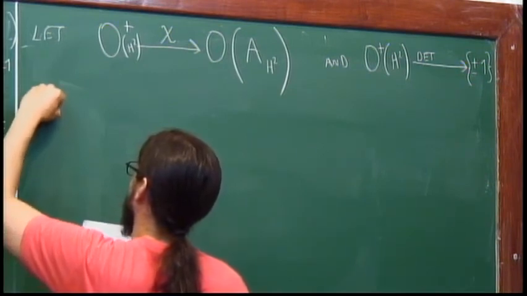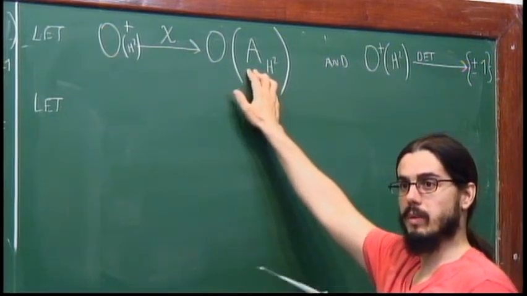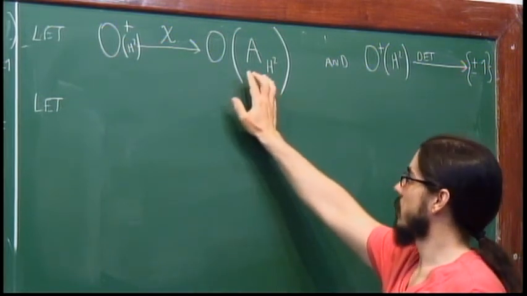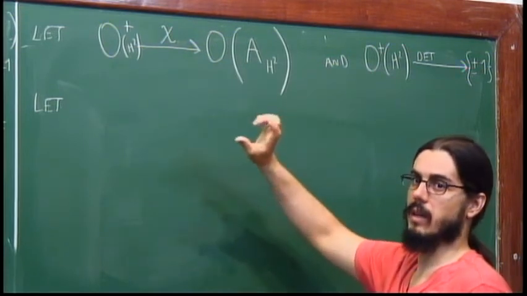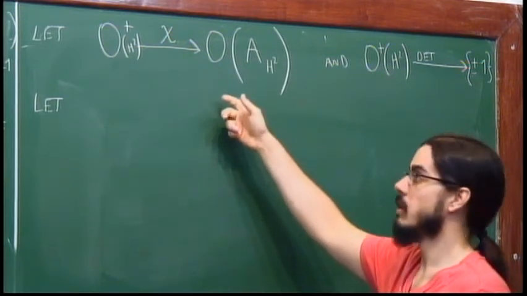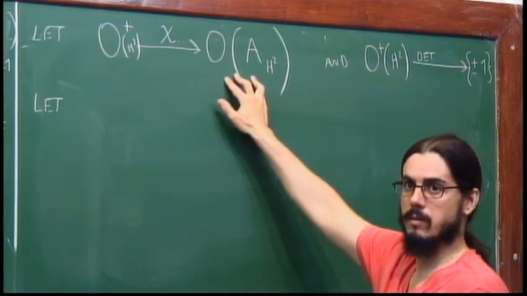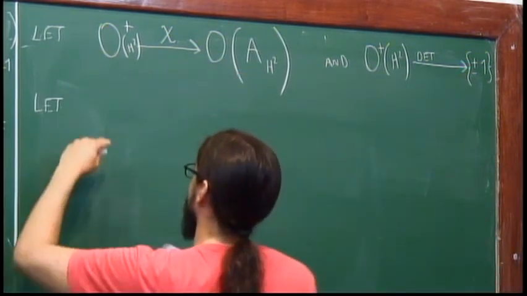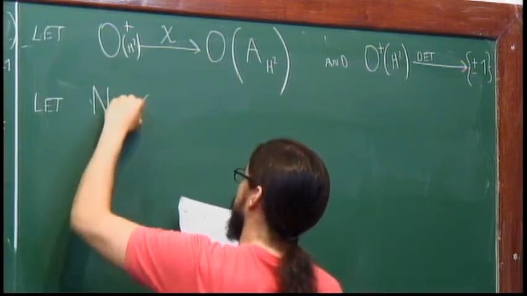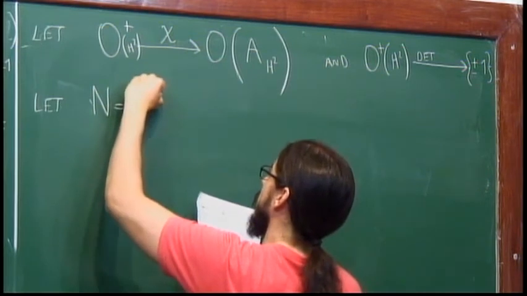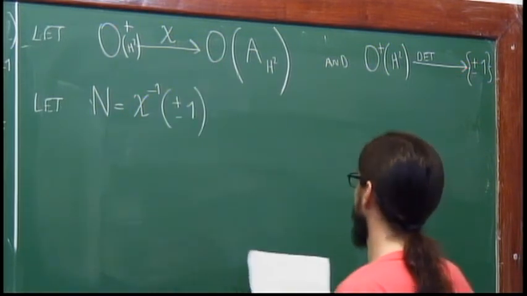So this discriminant group is cyclic, and for every value of n, we always have the plus and the minus isometries. For bad values of n, there can be more isometries. So we take N as the pre-image by chi of the plus and minus isometry.